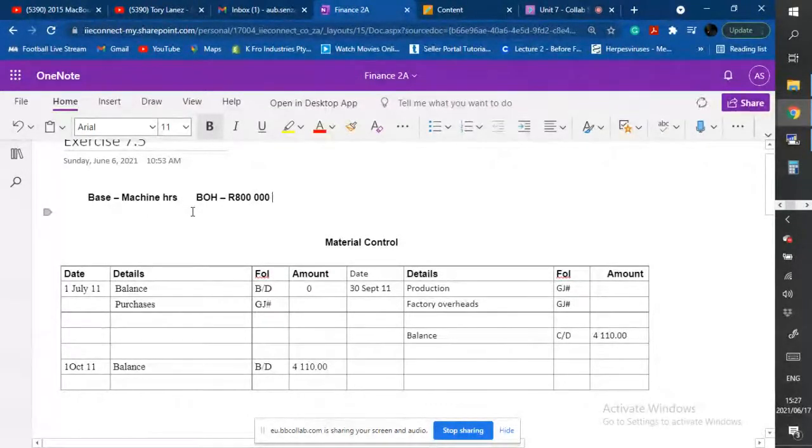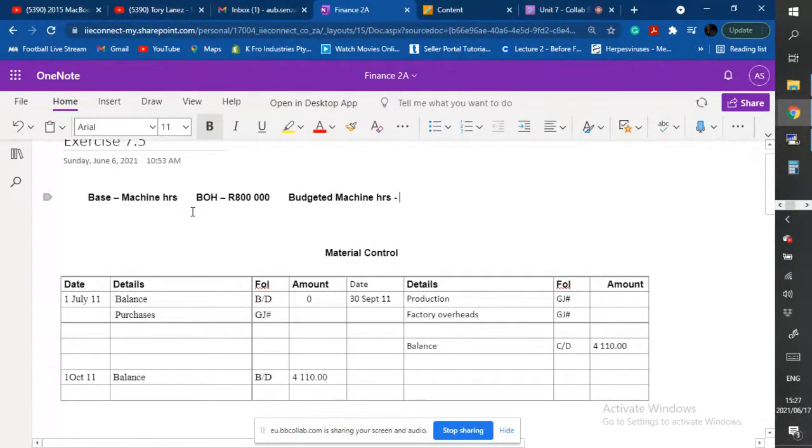And then we also have your machine hours. This is your budgeted machine hours in hours, is the 100,000 hours.